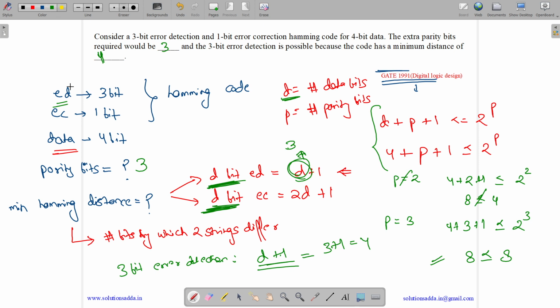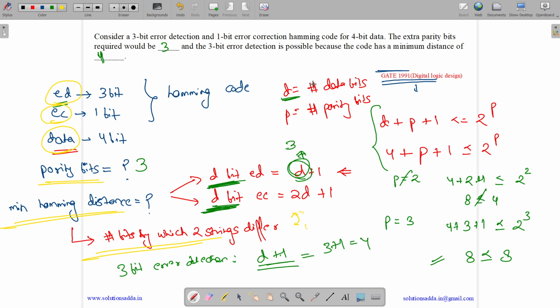Let me tell you all the things once again. We have 3-bit error detection and 1-bit error correction, and the data is 4 bits. We need to find the number of parity bits and the minimum Hamming distance. The minimum Hamming distance for d-bit error detection is d plus 1, and for d-bit error correction it is 2d plus 1. Hamming distance is the number of bits we must flip to make two binary strings equal.